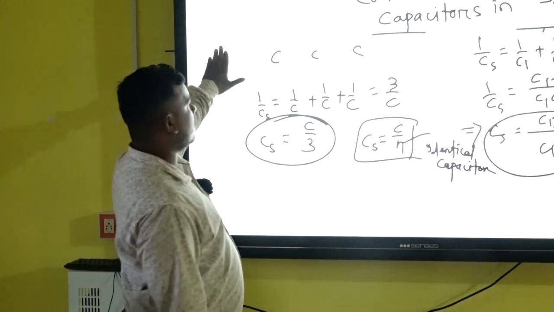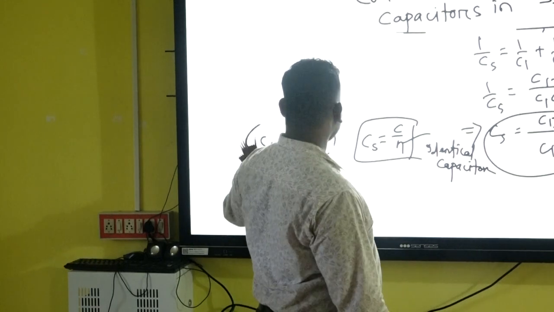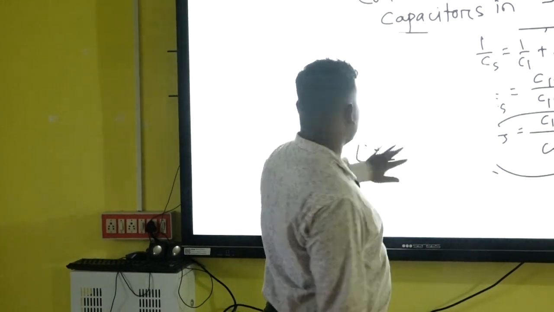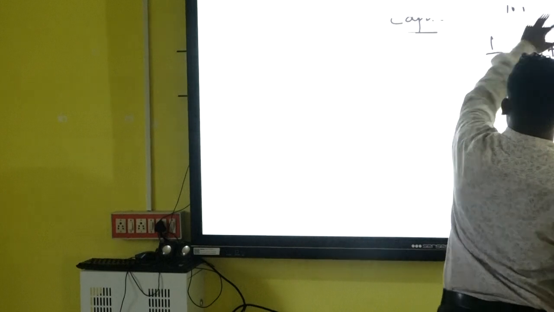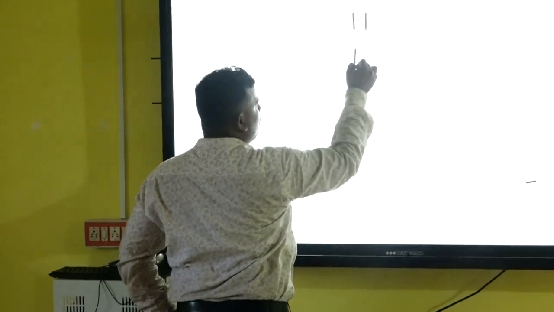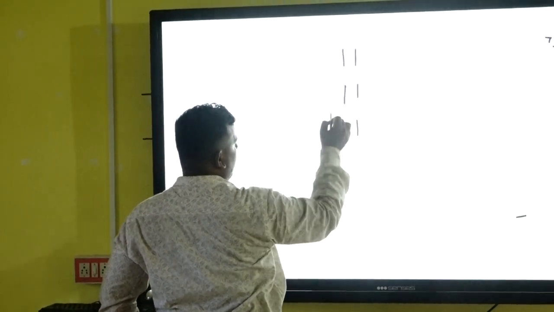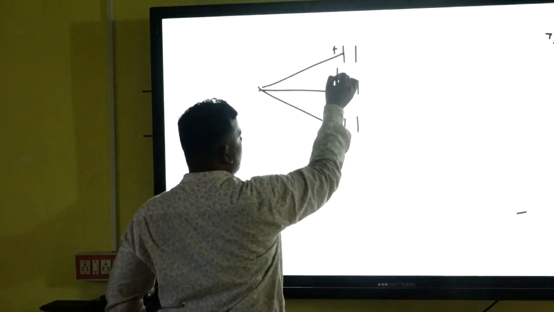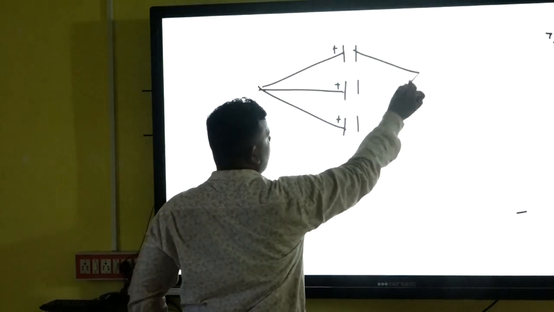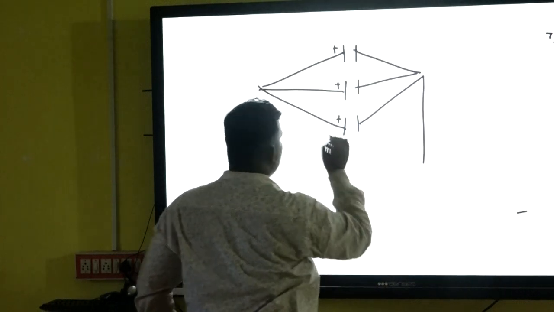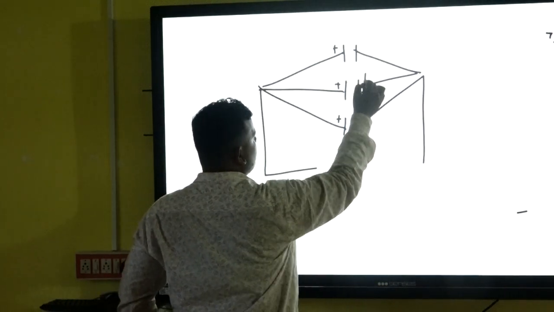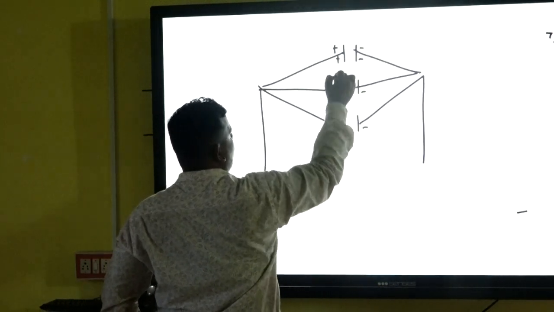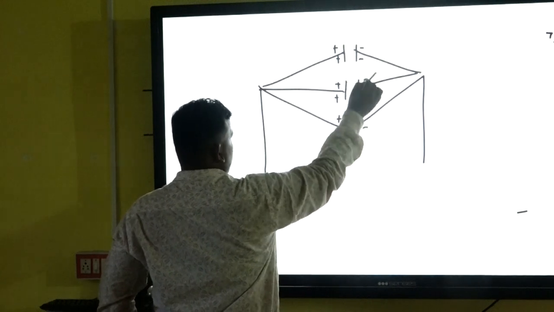If I go to the parallel combination, the circuit is like this. In parallel, what happened? Like terminals are connected together. Here all the positive terminals of the capacitors are connected together, and all the negative terminals of the capacitors are also connected together.